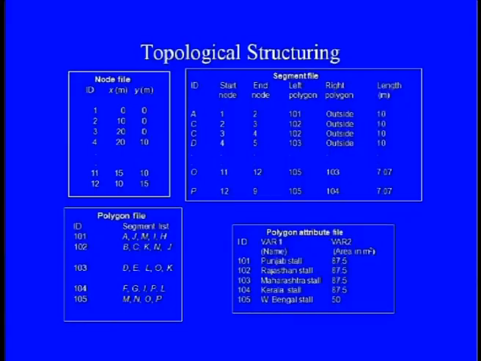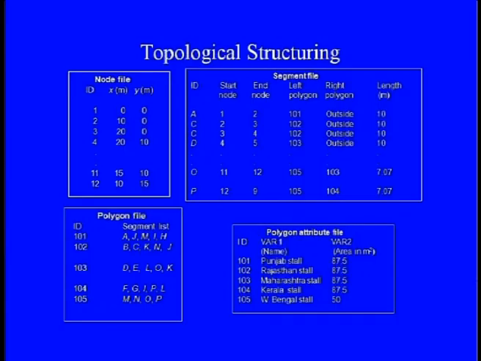So, this may be represented in this particular manner, wherein all the points which are defining the different plot areas or stall areas, we have a node file wherein each point has an ID and the x and y coordinates are indicated alongside.